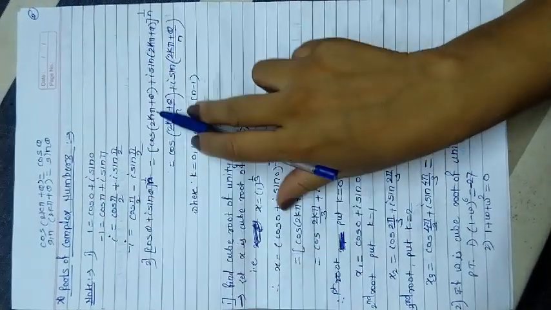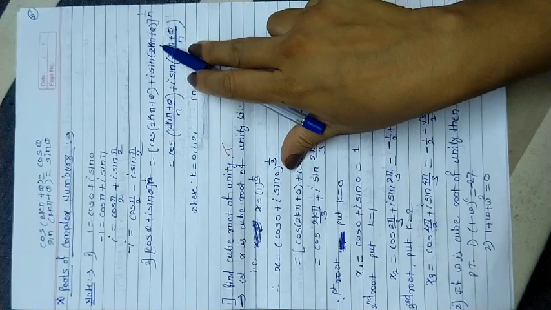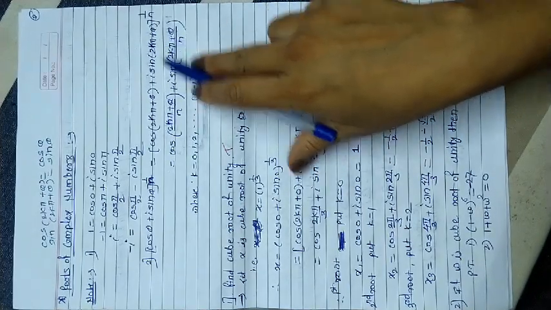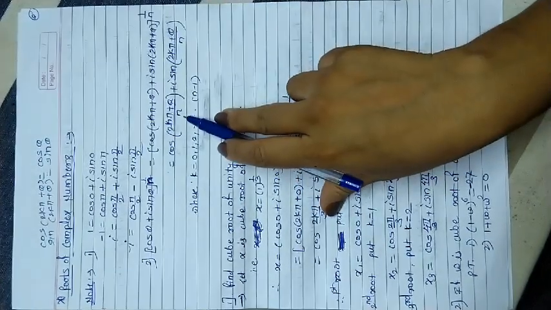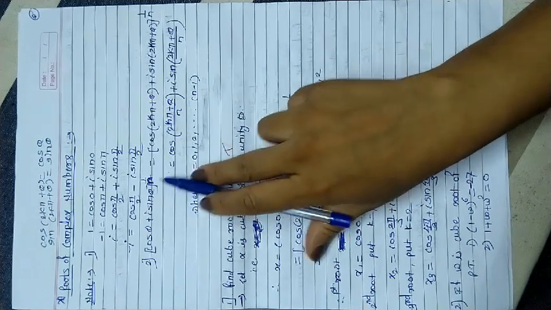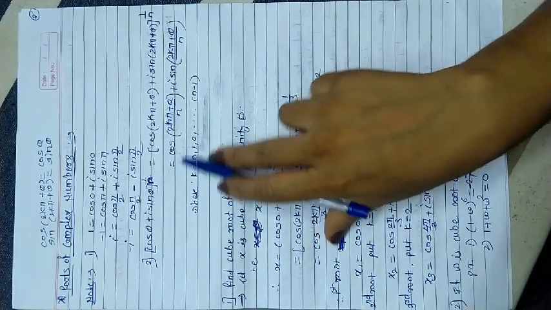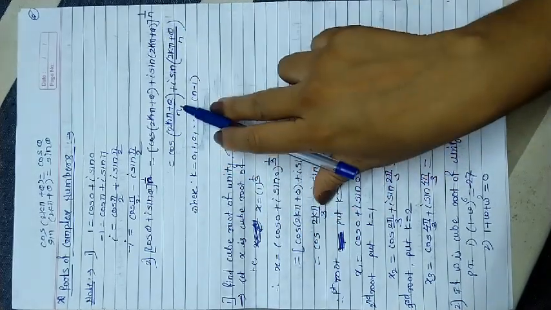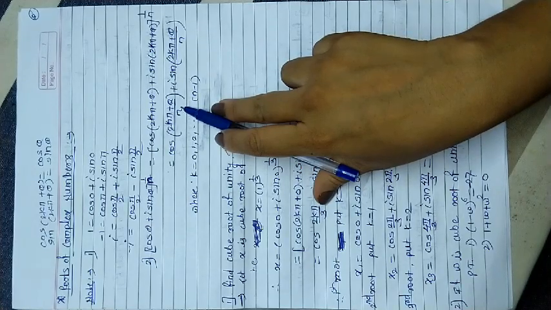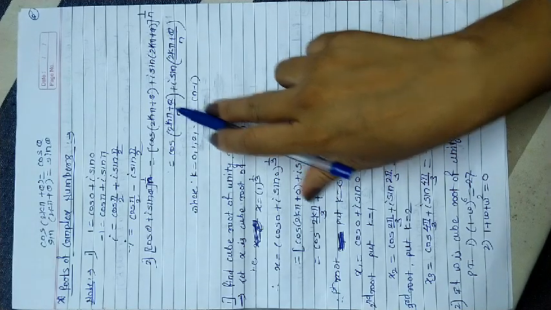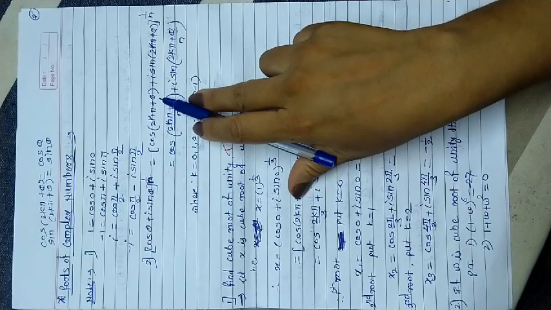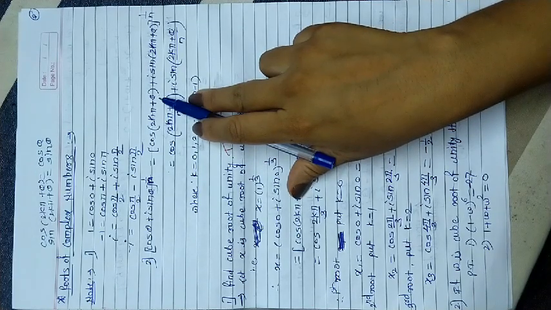Therefore, replace theta by 2k pi plus theta, and also the same angle for sine. Now take 1 upon n inside. Therefore, for the nth root, we have to remember one step: before taking 1 by n inside to the angle or multiplying to the angle, we have to add 2k pi to the angle.